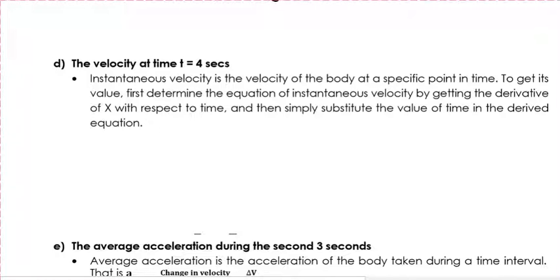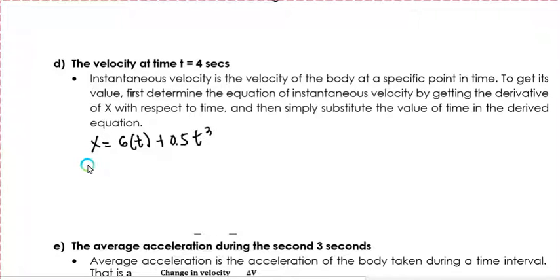Based on our original equation, the equation of x is equal to 6t plus 0.5t cubed. It is better not to put the units yet because we will derive. It is better to simplify the equation.